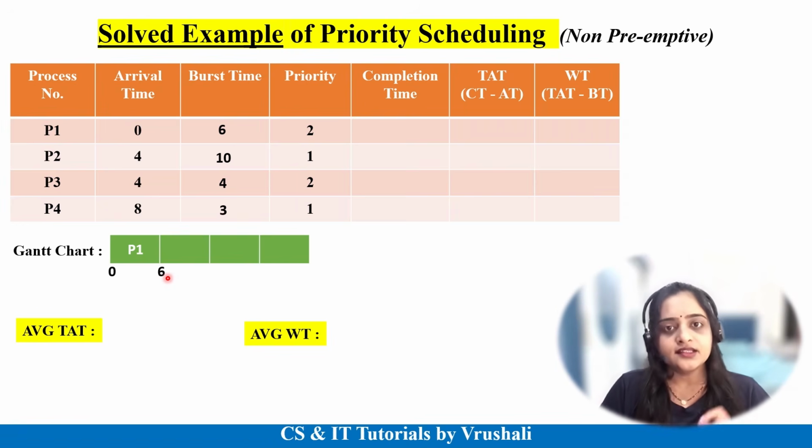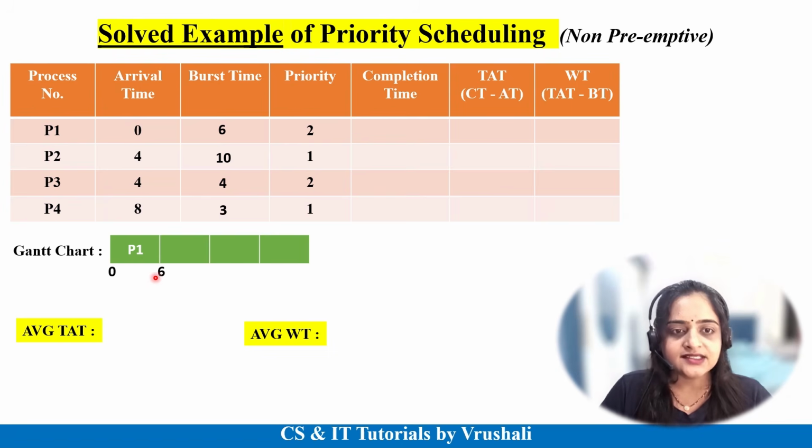Clear? Now check: at 6, or between 0 to 6, which process has come? See, at 6 there is no other process, and between 0 to 6 there are a total of 2 processes, P2 and P3, right? Now check the priority of each process.